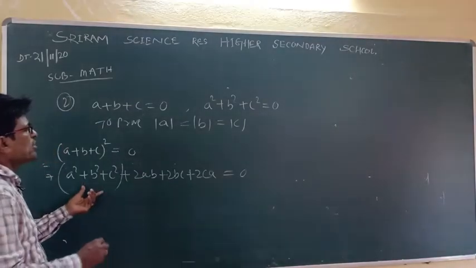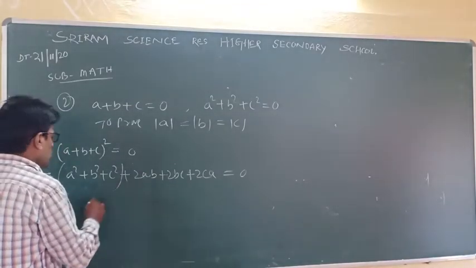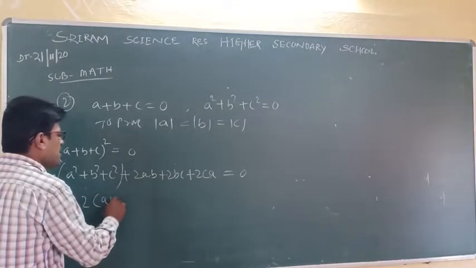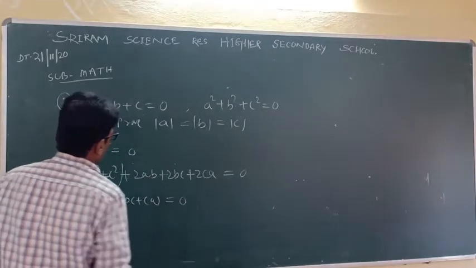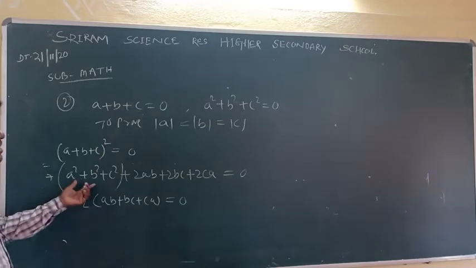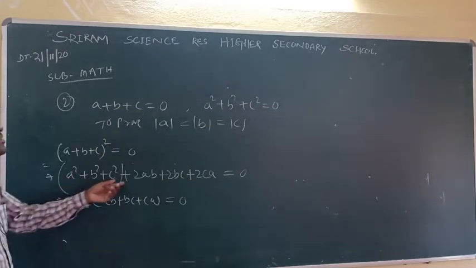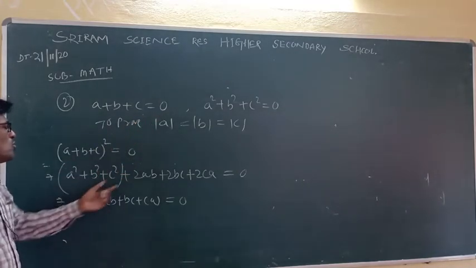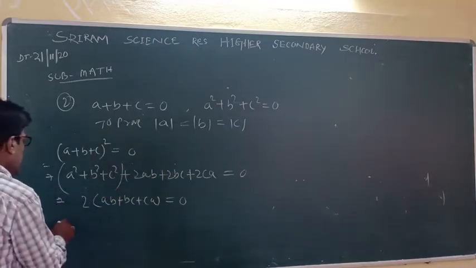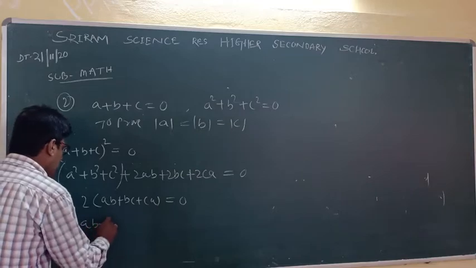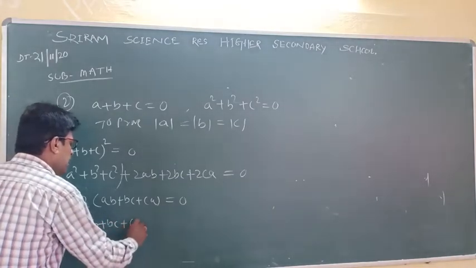That value also given 0. So 2 whole into ab plus bc plus ca is equal to 0. So 2 is divided on both sides. We find ab plus bc plus ca is equal to 0.